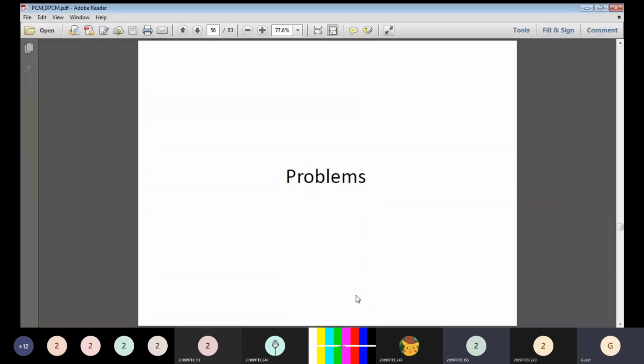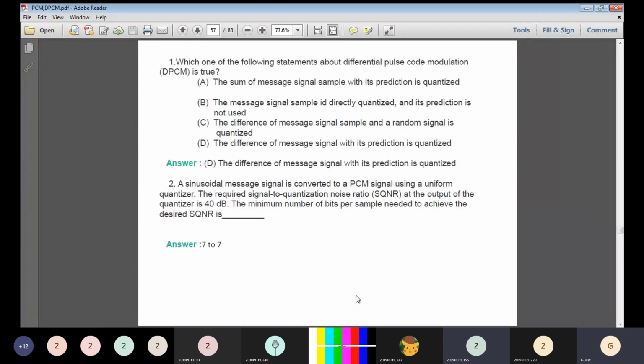So we can see the problems. Those problems we have already seen, so we simply refresh them. The first question is: which one of the following statements about differential pulse code modulation, DPCM, is true? So what is the concept of DPCM?